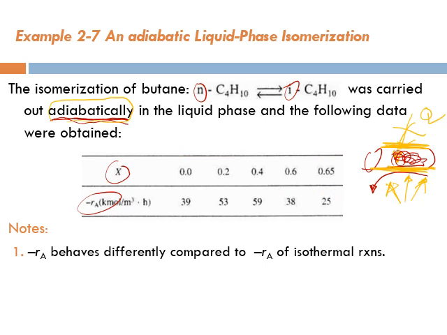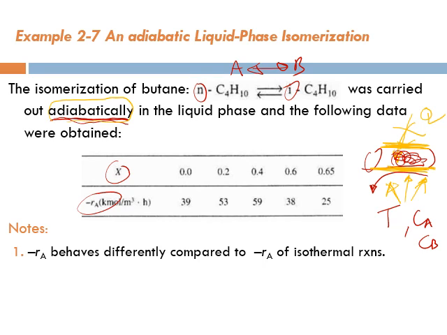We know that the rate of reaction is a function of temperature and concentration. So here we have A going to B, for this reversible reaction. Of course, the rate of reaction is a function of both concentration of A and B.